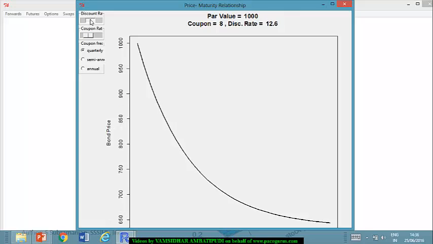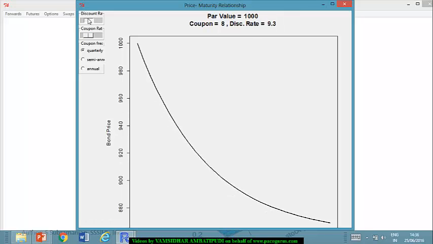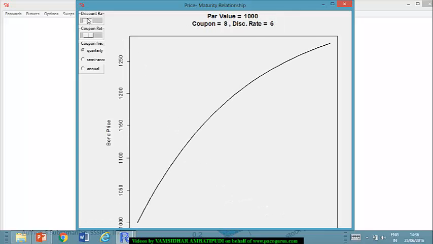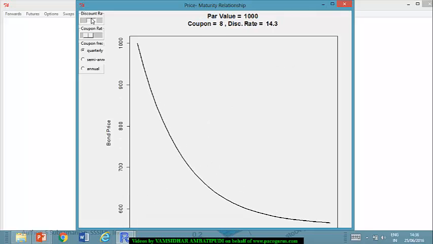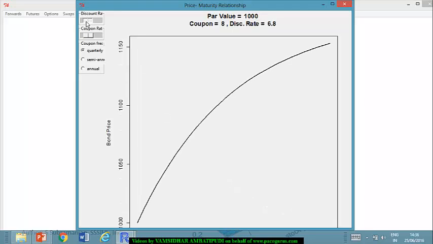But now if you see here, if the discount rate is going more than the coupon, we could see that the price of the bond is showing a kind of convex. But on the other side, the shape of it is changing the other way because it is converging.